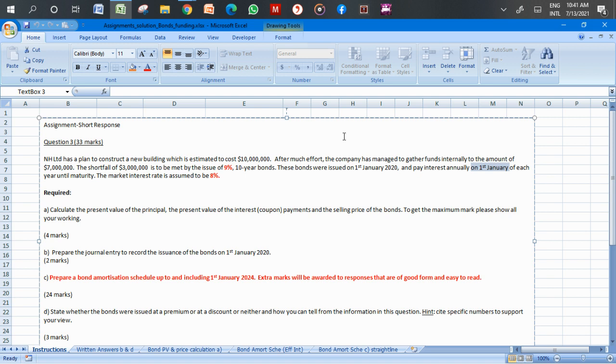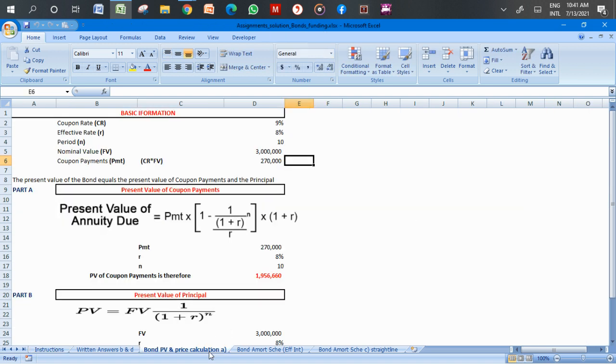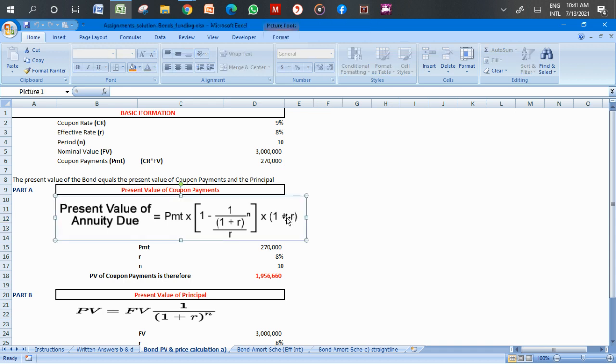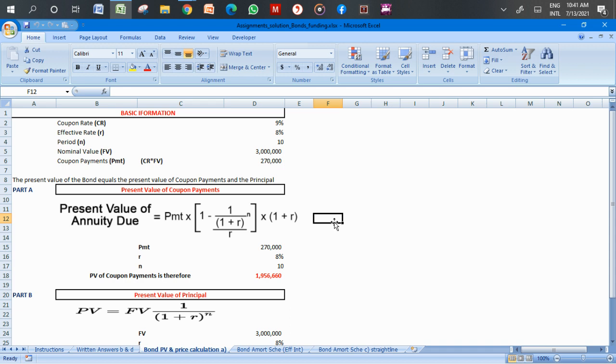So we use this formula for an annuity due: the payment multiplied by 1 minus 1 over (1 plus R) to the power n, divided by R, multiplied by (1 plus R). If it's an ordinary annuity, we don't multiply by the bracket (1 plus R), but if it's an annuity due, we have to multiply by that bracket.